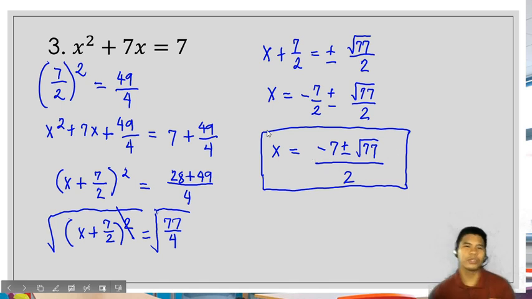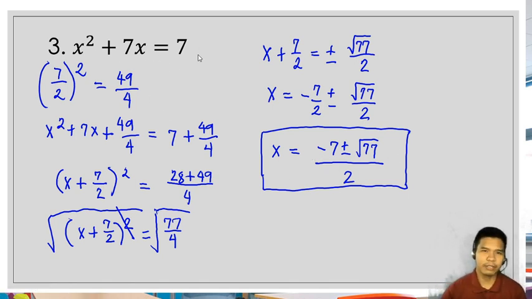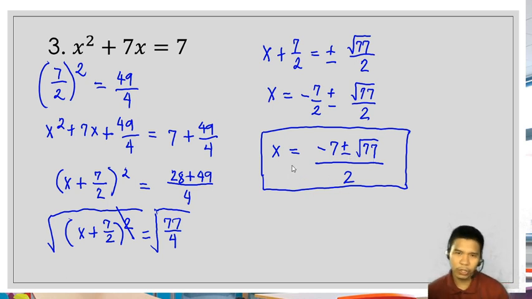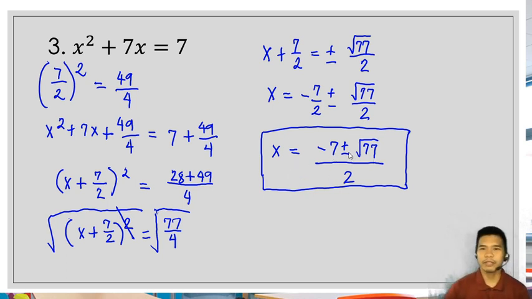So, the solutions for x squared plus 7x equal to 4, pwede nyo naman itong paghiwalayan. Magiging dalawa yan. Isang gagamit ng positive at isang gagamit ng negative. So, ito pwede naman to. X is equal to negative 7 plus or minus square root of 77 all over 2. Or pwede namang paghiwalayan.